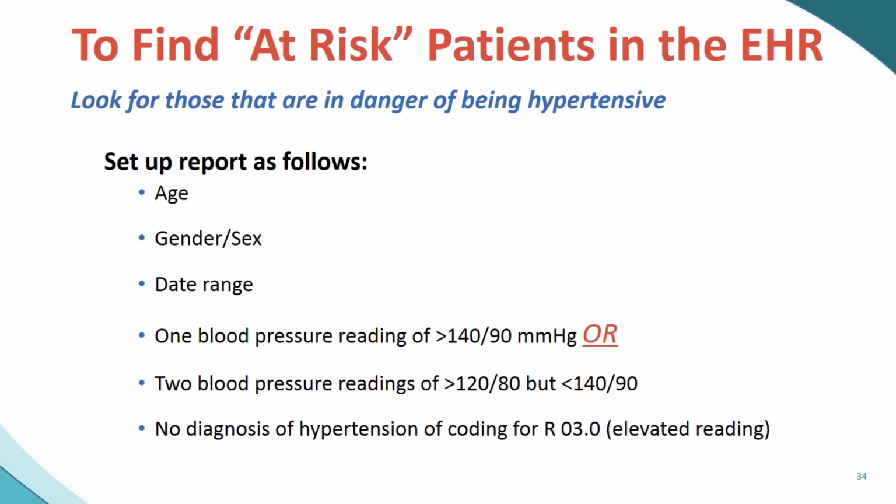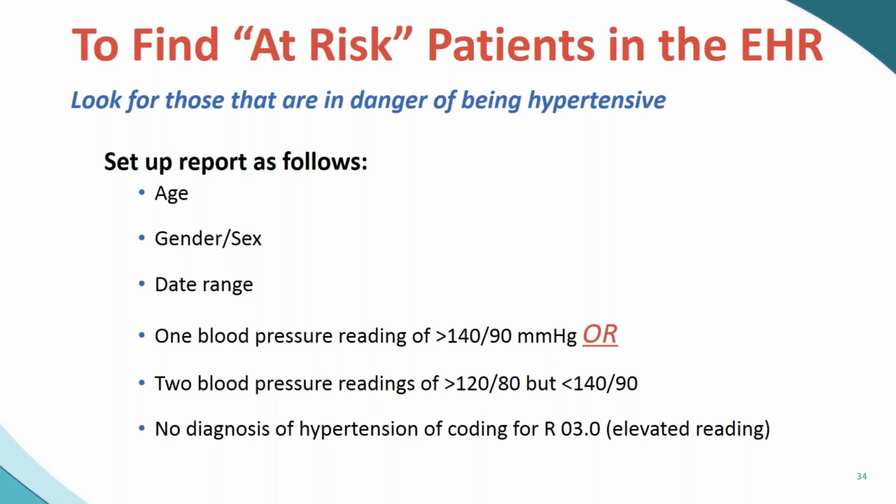So with that, I'll turn it back over to Cathy for a few slides. Okay, so a few categories that we're going to want to be specific about, and I think Scott showed you how to set up the reports to find at-risk patients. These are ones that may not technically be hypertensive yet, but ones that you want to keep your eye on.